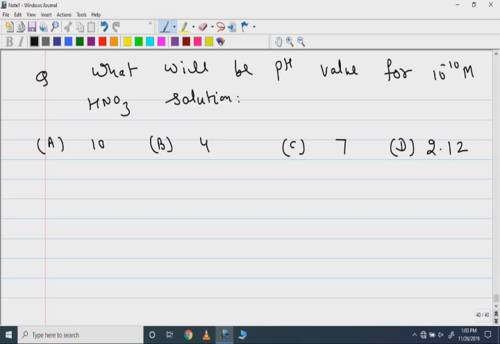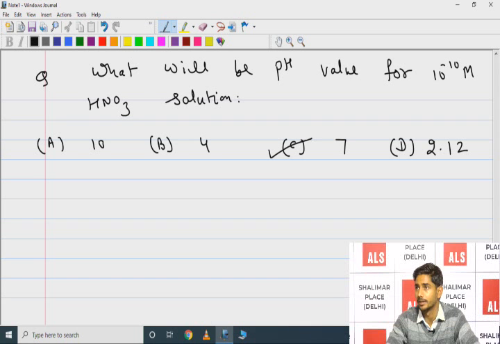Anyone who has got the answer? See, we need not even solve this question. Raise your hand those who have got option C as the correct answer. 1, 2, 3, 4.